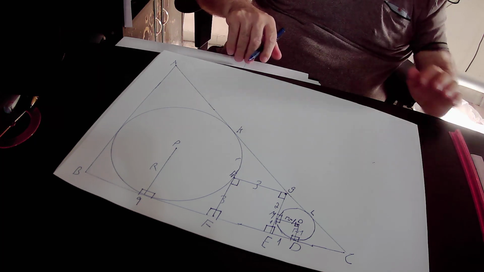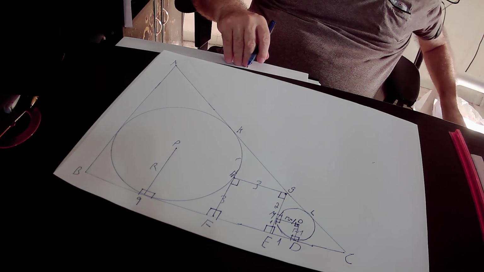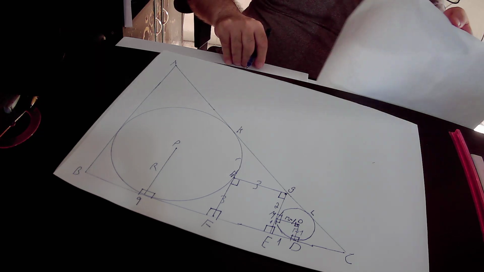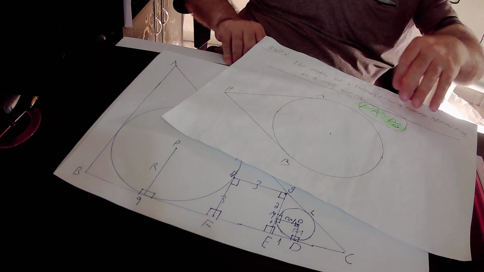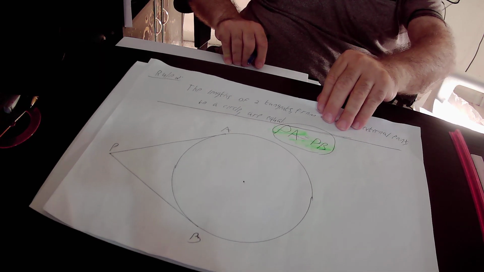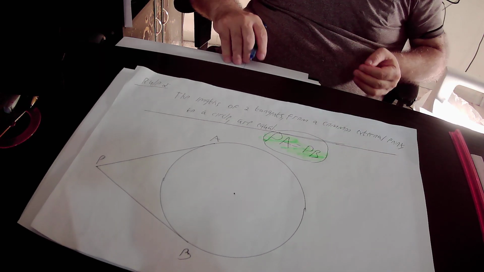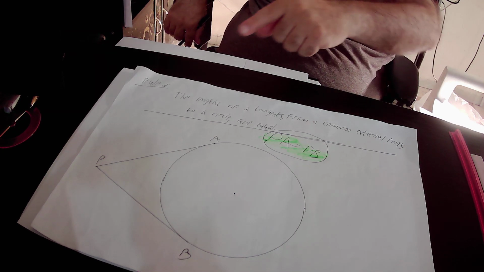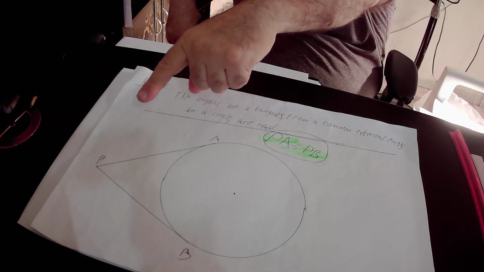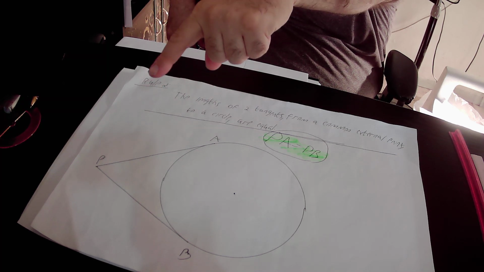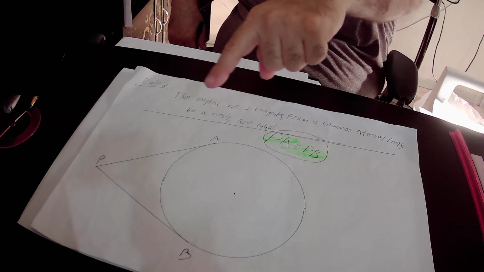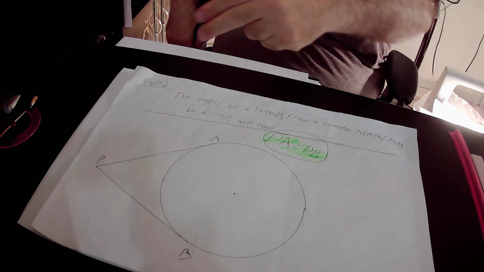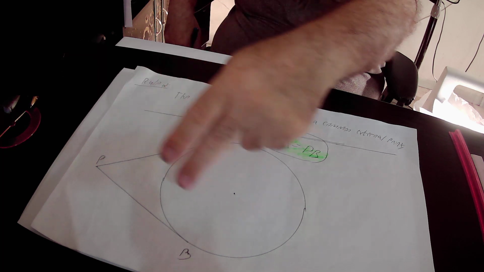According to rule number 2, the lengths of two tangents from a common external point to a circle are equal. We have here the common external point P. From the common external point P, we have two tangents to this circle, tangent PA and tangent PB. And according to rule number 2, they are equal to each other. That is to say, PA equals PB.